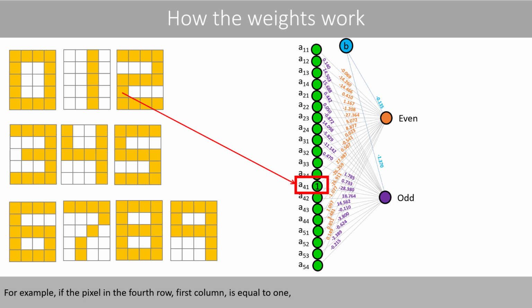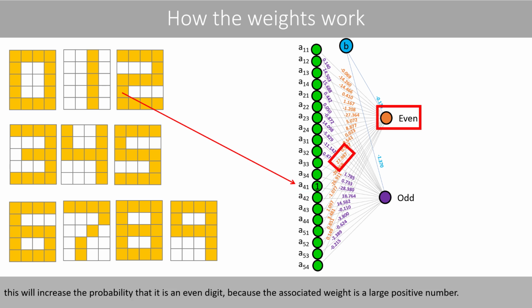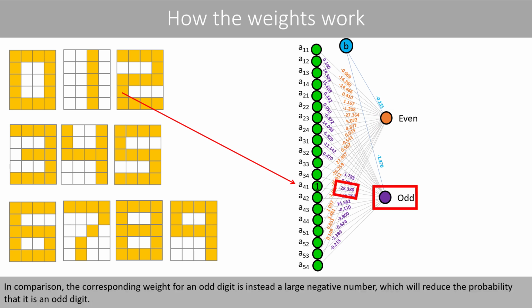For example, if the pixel in the 4th row, first column, is equal to 1, this will increase the probability that it is an even digit, because the associated weight is a large positive number. In comparison, the corresponding weight for an odd digit is instead a large negative number, which will reduce the probability that it is an odd digit.